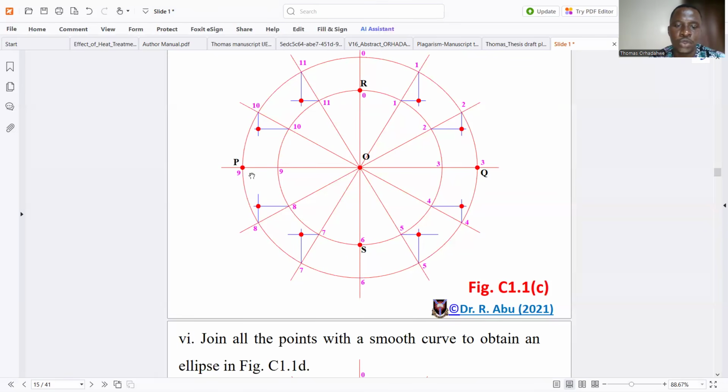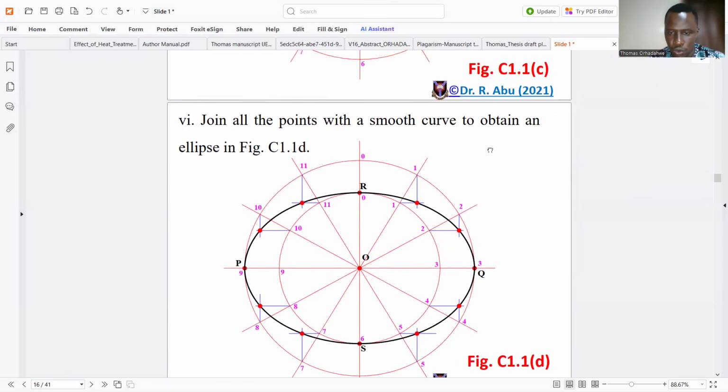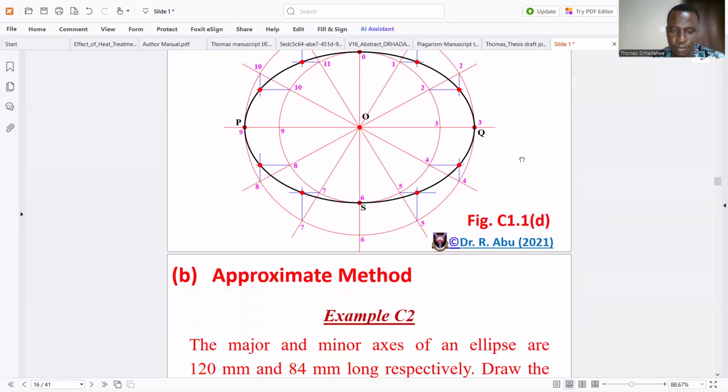So how do you join? You first of all make sure that you find a curve on your French curve such that it touches 3 points at a time. Like that, you join all through, and then you form this smooth ellipse.